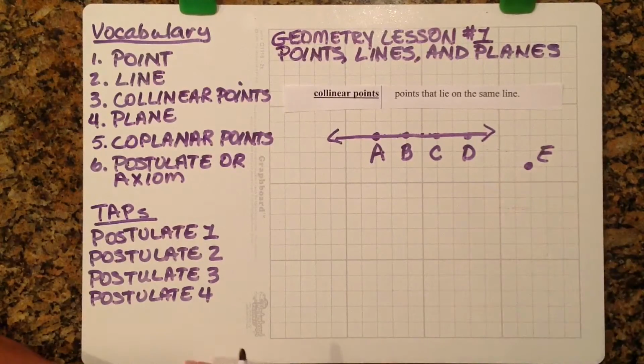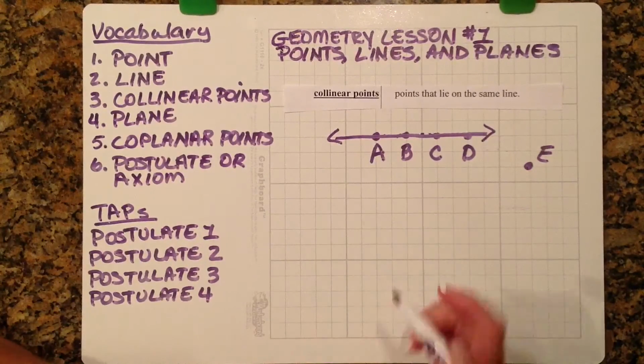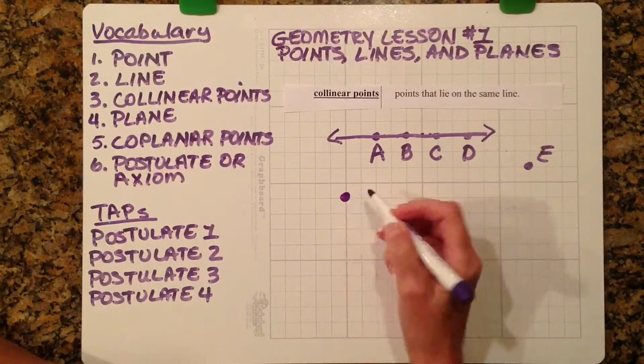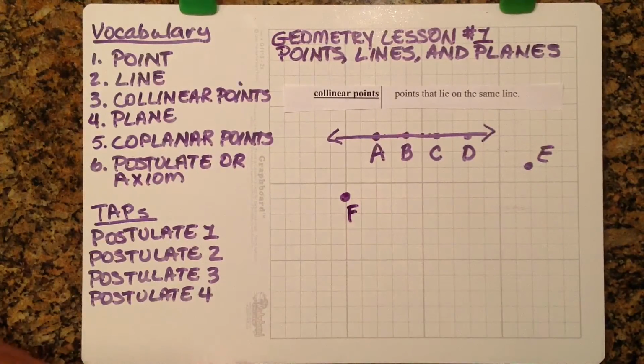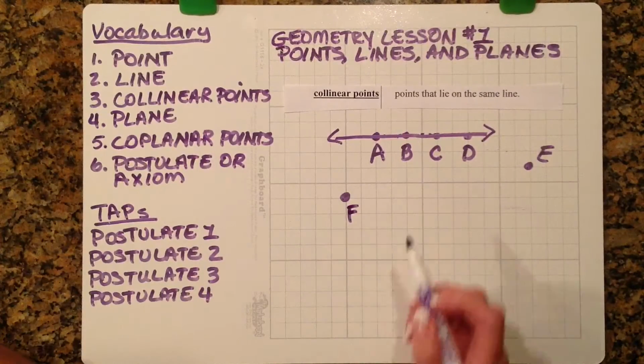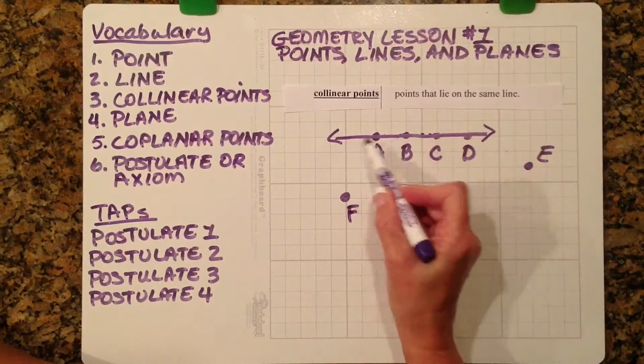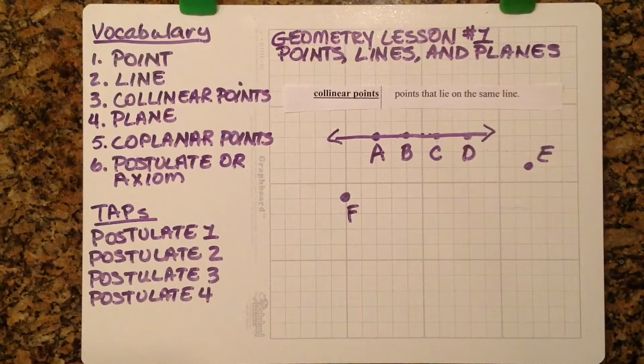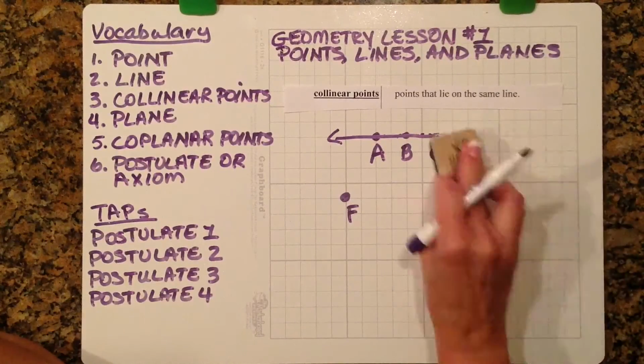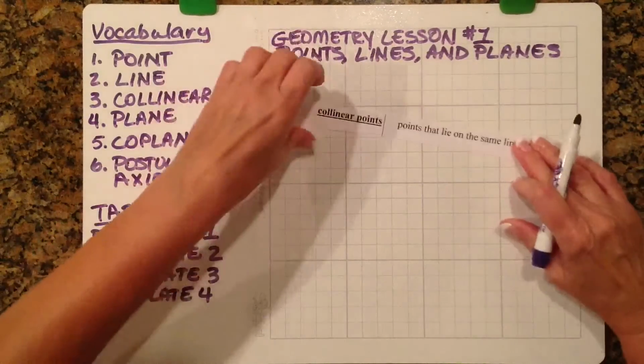Or if I wanted to pick a point over here, I'm going to name him F. That is also non-collinear. So collinear are points that lie on the same line. That terminology is really important when you start getting into the basics of geometry. Alrighty, let's go on.